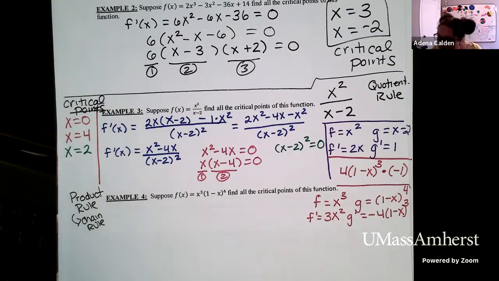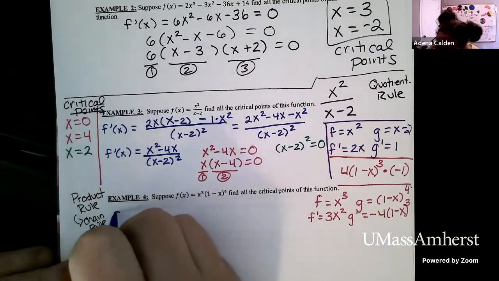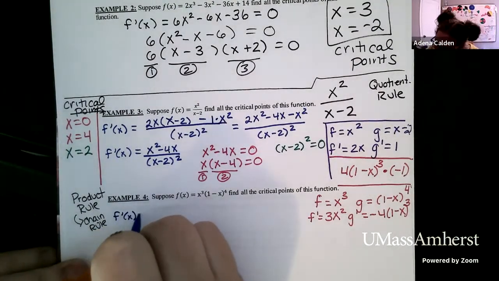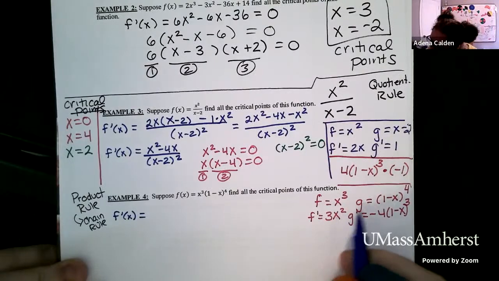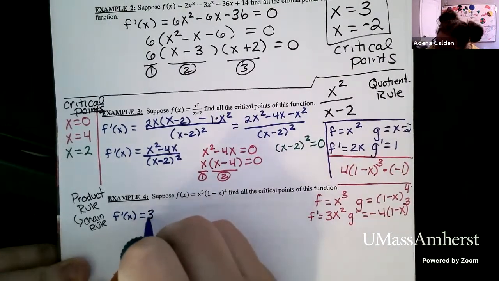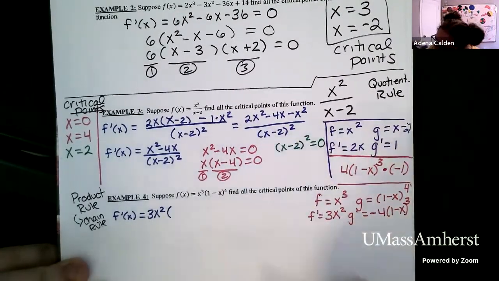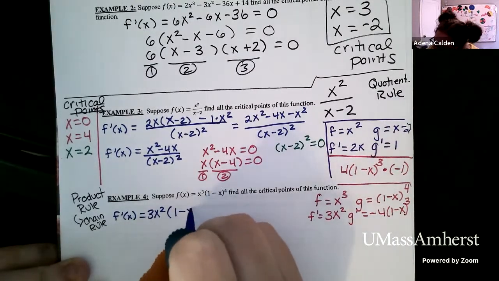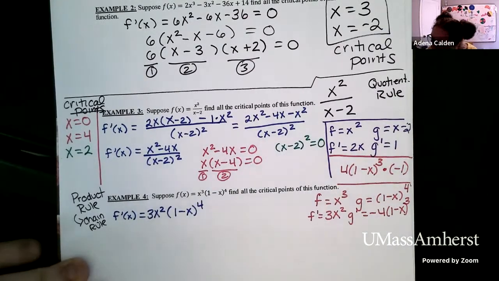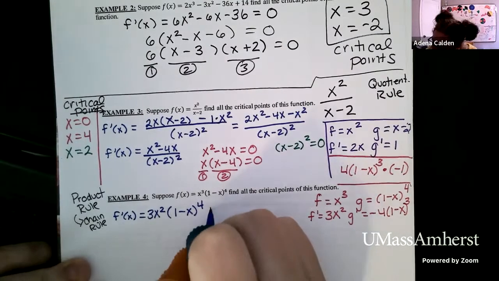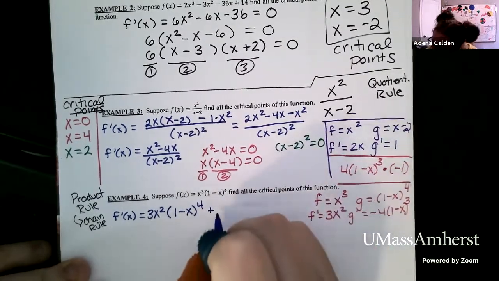Now, we need to put this all together within the product rule. So the product rule says we're going to do f prime times g. So we have 3x squared times 1 minus x to the fourth plus g prime times f.